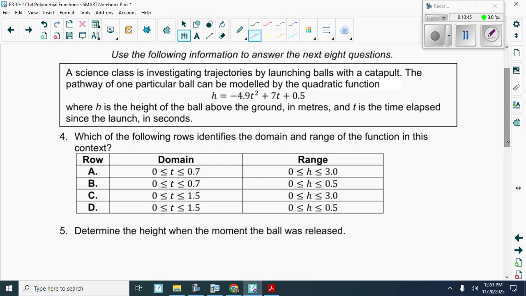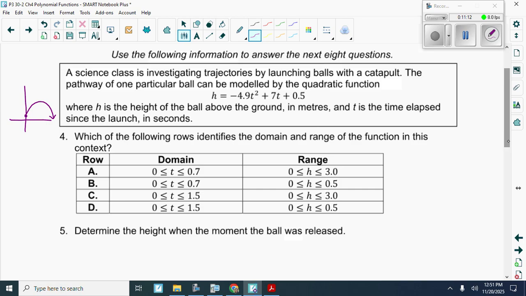Guys, what's the leading coefficient, positive or negative? What does that mean on the right? Down on the right. So does it make sense that if we were to sketch this on the side, our 0.5 is our y-intercept. So it looks like we're starting here, probably the height of the catapult. And this ball is going down on the right until it hits the ground.